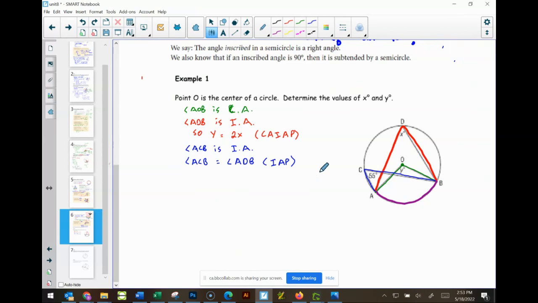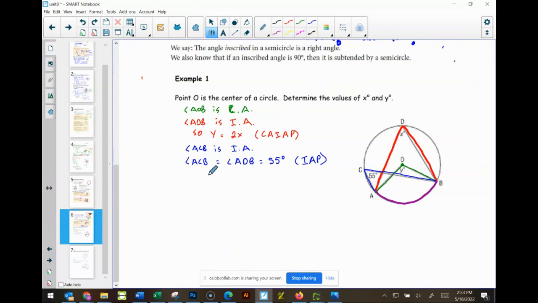That's true, ACB. And then we also know, in fact, before I put that IAP, I should also say, and it's 55 degrees. I don't have to prove that. They gave that to me. But I do have to prove or know why X is the same as this. And you need to use that property, which was, I believe, the IAP property.